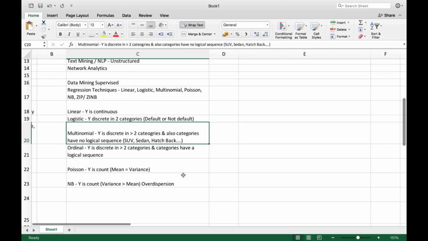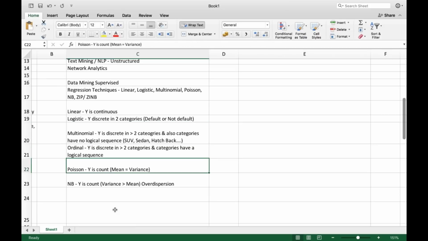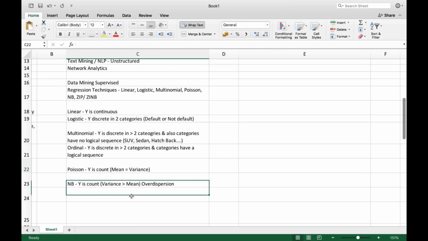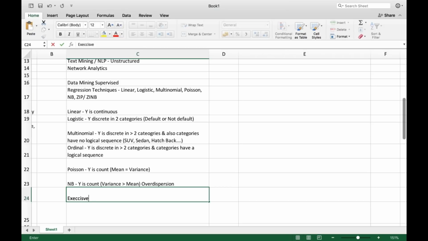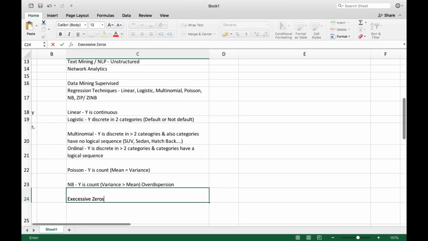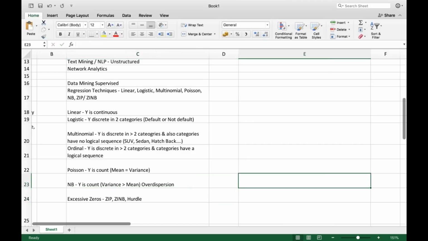Under dispersion is not at all a problem. You can still continue with your Poisson or negative binomial. Doesn't matter. That's why we won't discuss under dispersion. If you have excessive zeros, basically more zeros, then we end up using zero inflated Poisson or zero inflated negative binomial or hurdle models, etc.